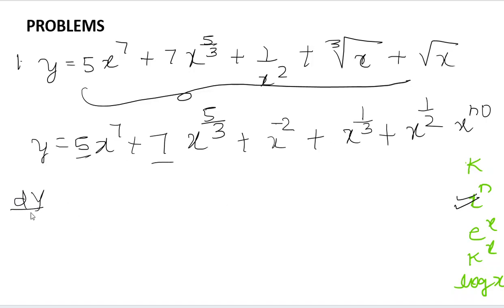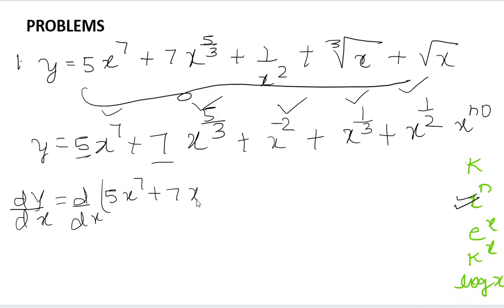Now we find dy by dx, because now all of these things are in x raised to number form. So we find d by dx of 5 x raised to 7 plus 7 x raised to 5 by 3 plus x raised to minus 2 plus x raised to 1 upon 3 plus x raised to half.